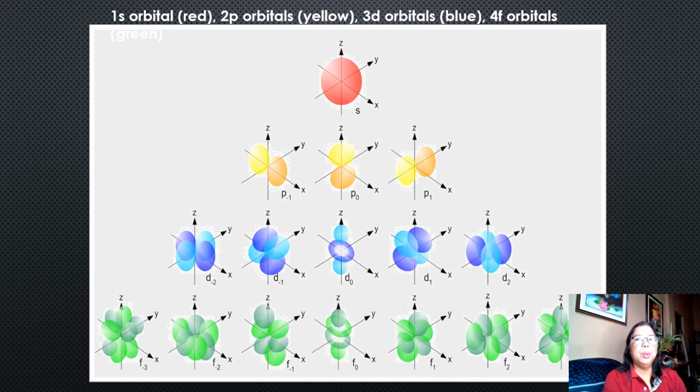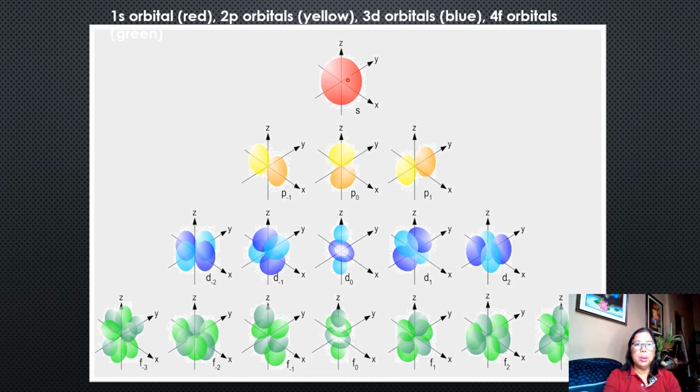Okay, welcome to organic chemistry. This might be one of the interesting structures that you will see in the early part of your organic chem. This is how your s orbitals are drawn or illustrated.